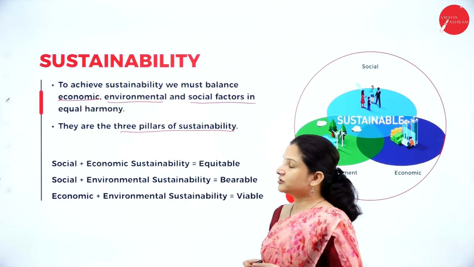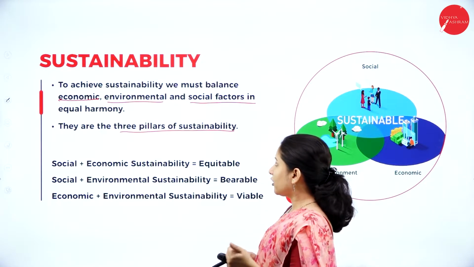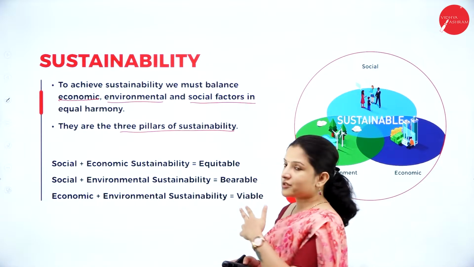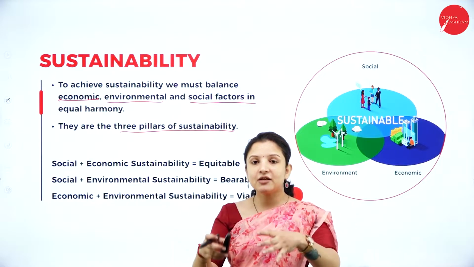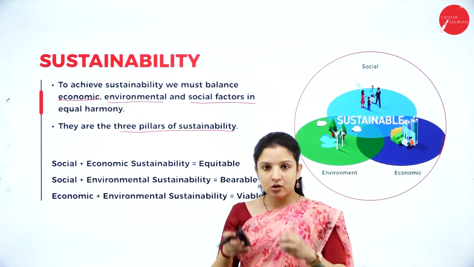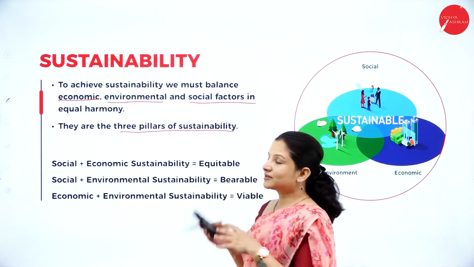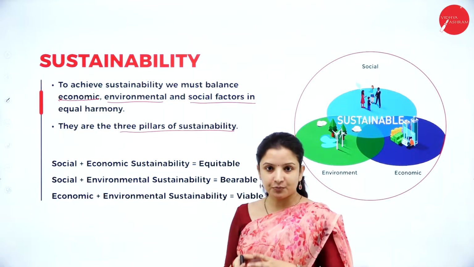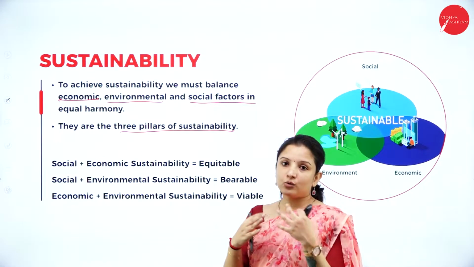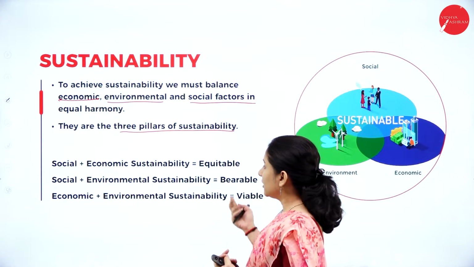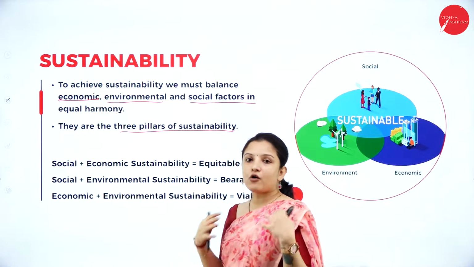So what are the three pillars of sustainability? It is environment, economic and social factors. If all these three function in an equal or harmonious way, then only the sustainability of the ecosystem is possible.